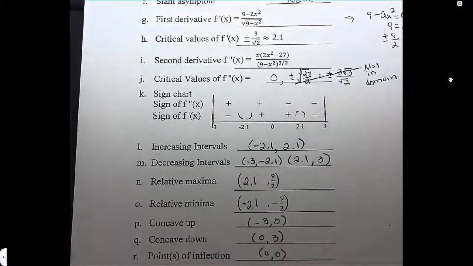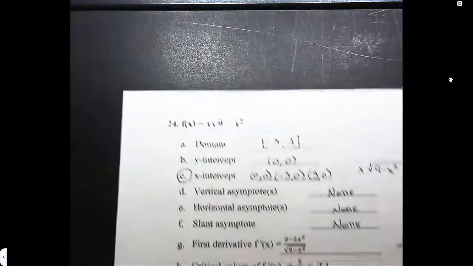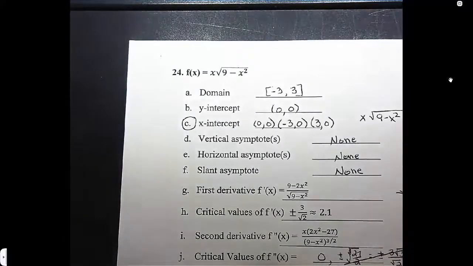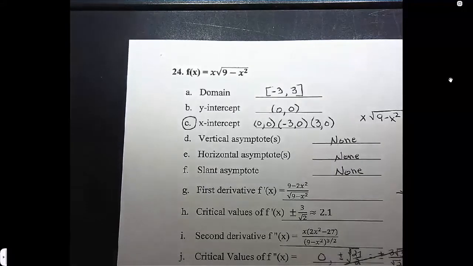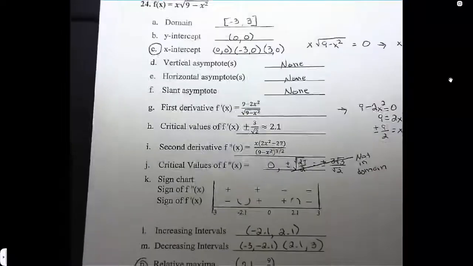All right, we have 1, 2, 3, 4, 5 points that we can graph. We have the x-intercepts. We have the relative max, relative min. So plot those 5 points, and then we'll figure out how to hook them up.